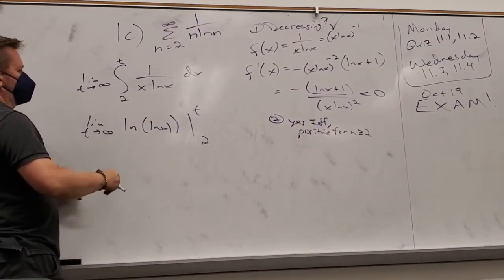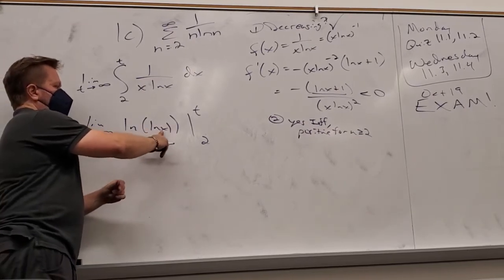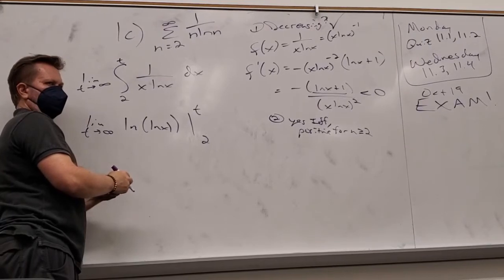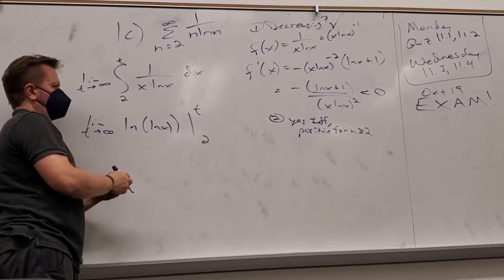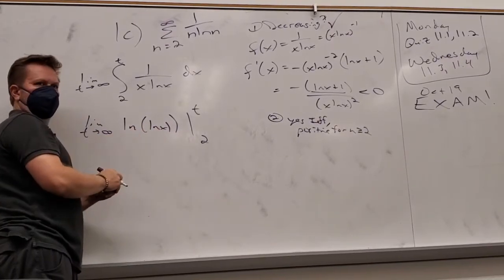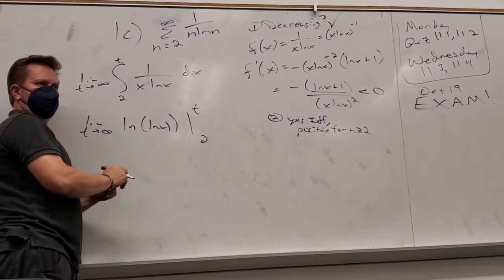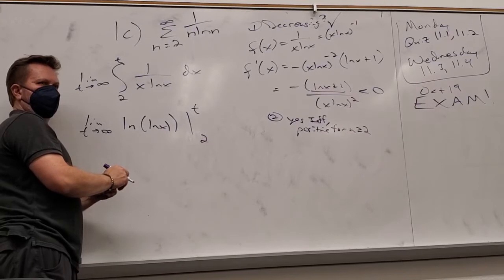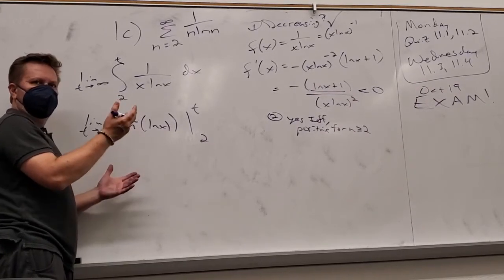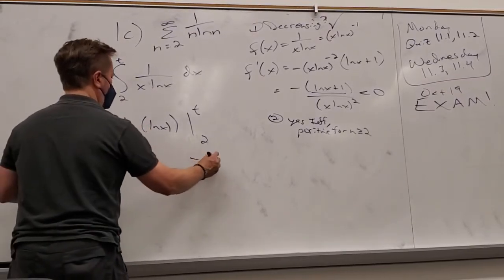Well, here's where things get interesting. What's ln of 2? Like 0.693. And what's ln of that? Doesn't it just undo the...? It's a negative number, right? Okay, but it's a negative finite number, right? So it's minus a number.